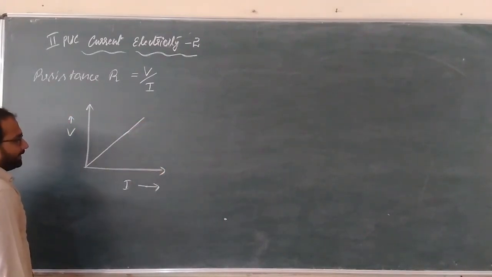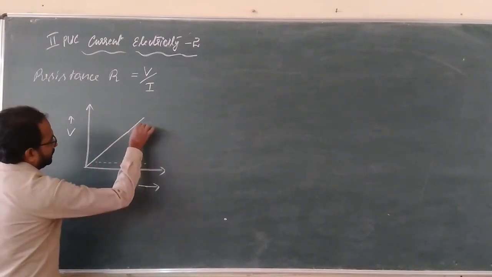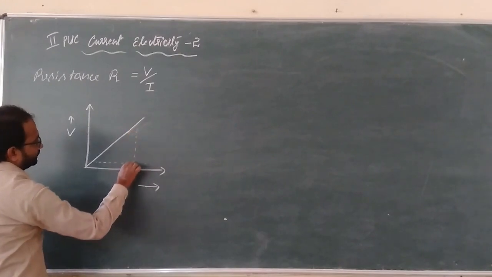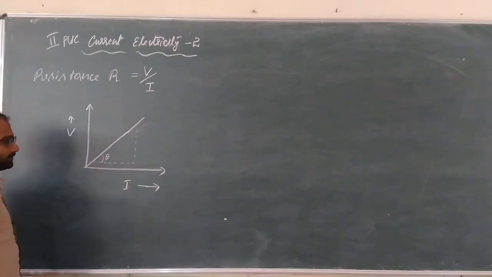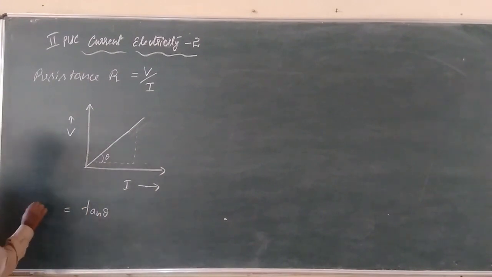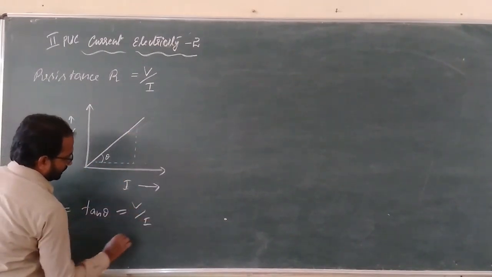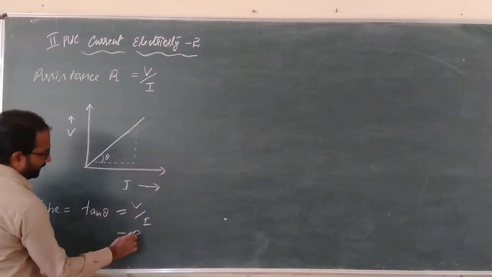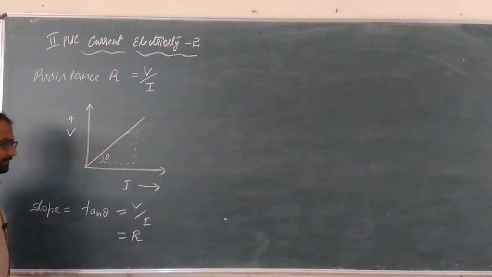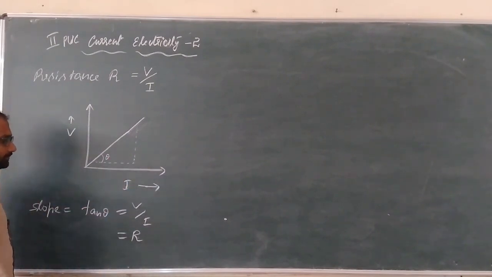If I calculate the slope of the graph, tan theta, the slope, which is equal to the resistance V by I. So using the graph, I can calculate the resistance by taking the slope of the graph. The unit of resistance is ohm.